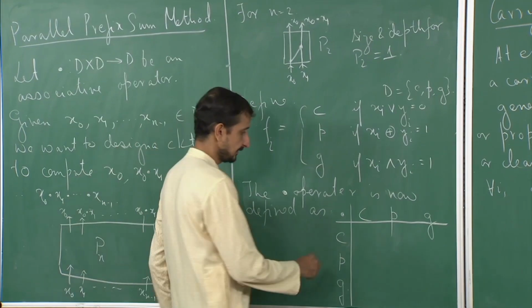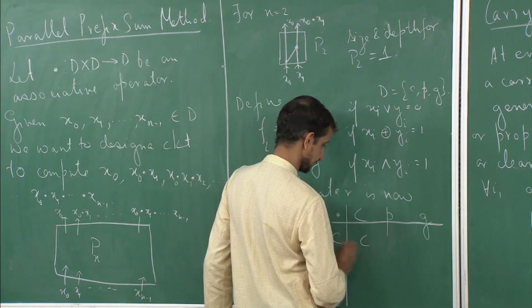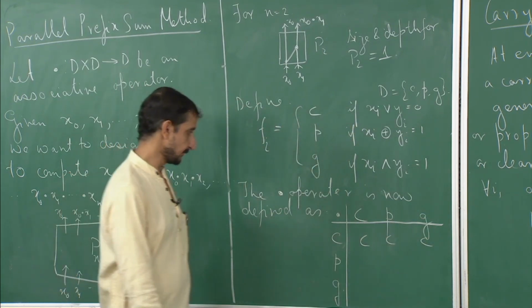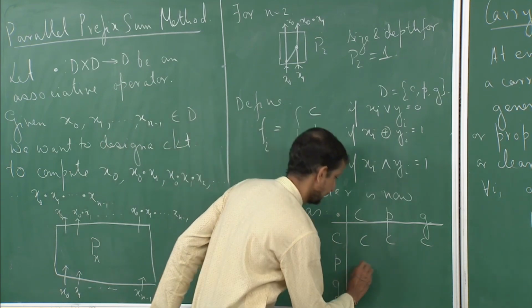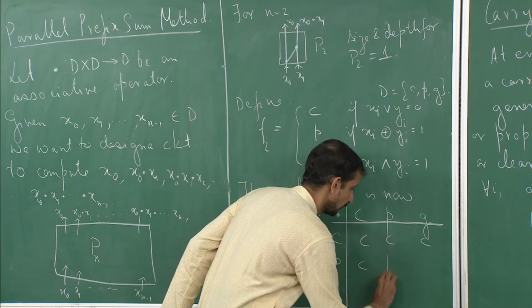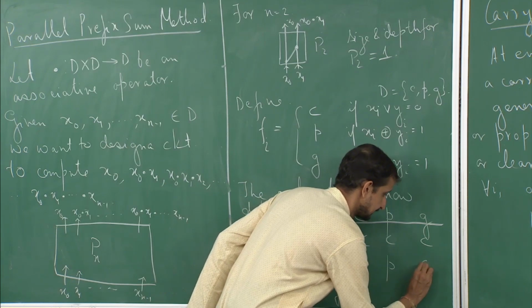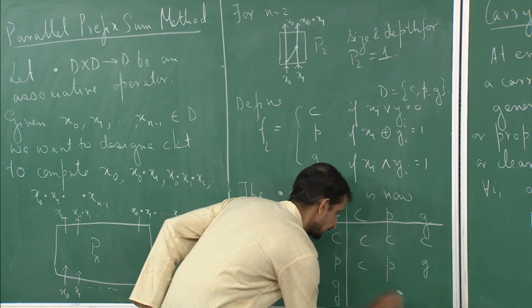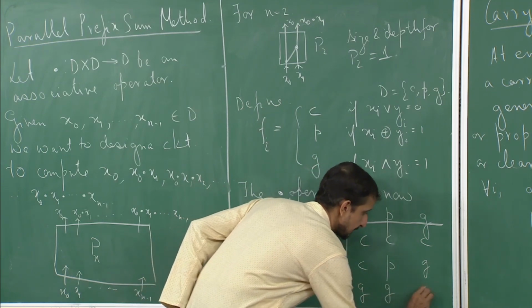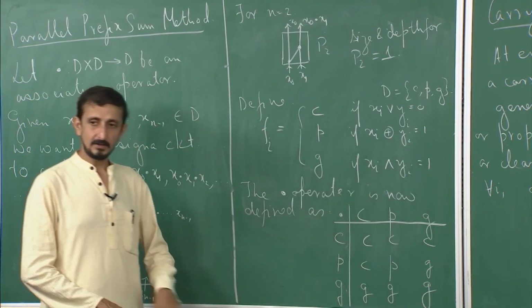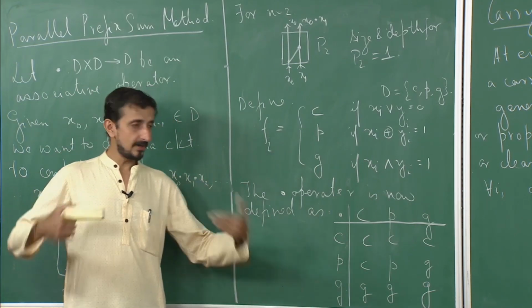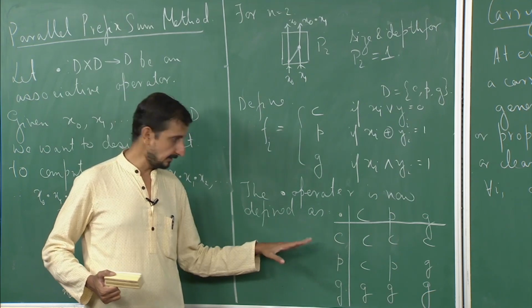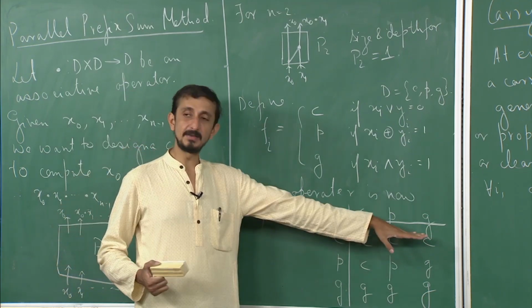For C dot C it will be C, for C dot P also C, for C dot G also it will be C. For P dot C it will just take whatever the value was, because it is just propagating C, P and G, and for G whatever the second argument is, it does not matter, it will remain as G. So, essentially this is the way we define it. If a bit is cleared, then it remains cleared.